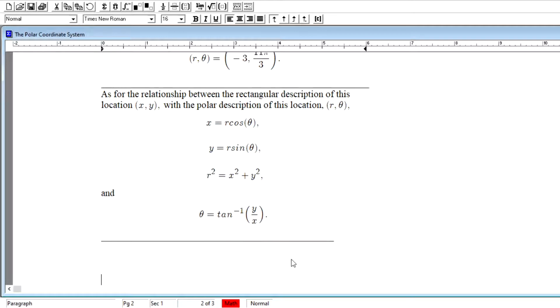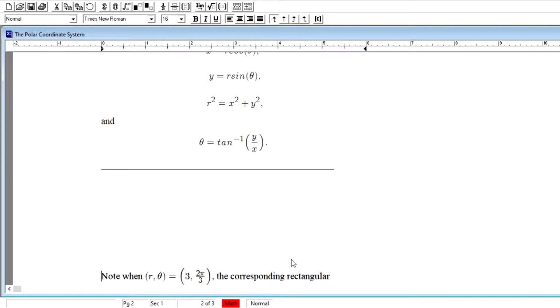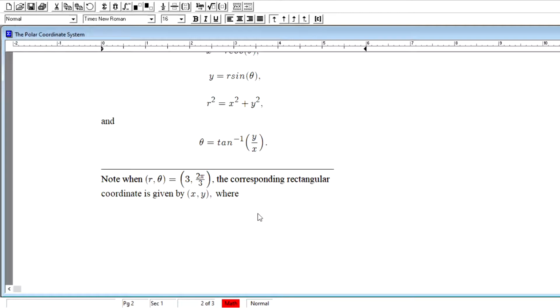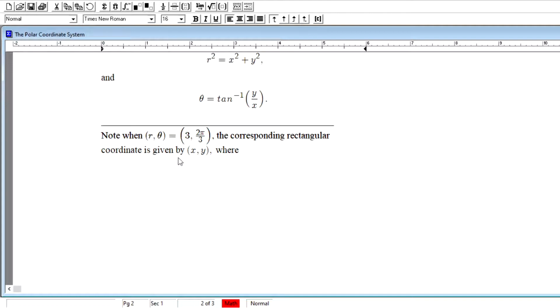If we were to look at an example here, we might note when r comma theta equals this location 3 comma 2 pi over 3 that we saw in the previous example, the corresponding rectangular coordinate given by x comma y would be such that x would be equal to 3 times the cosine of 2 pi over 3, r being the value of 3, theta being 2 pi over 3.